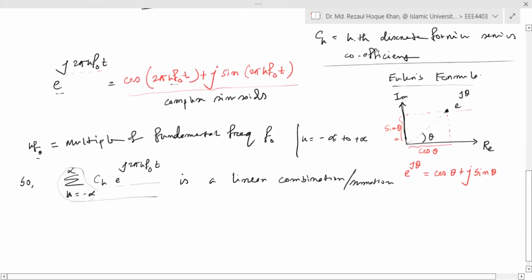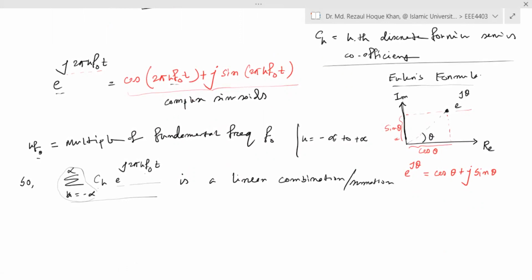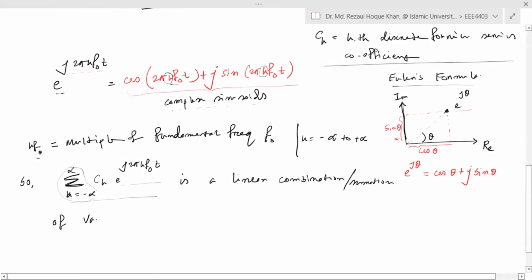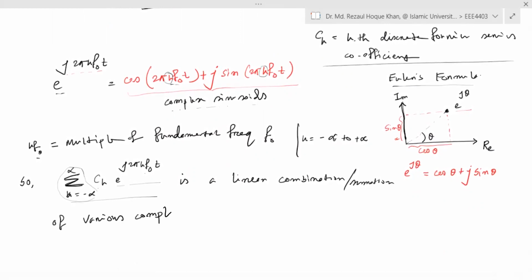If you vary k, for example from 0 to plus infinity, then k keeps changing, and each term is individually a complex sinusoid, and you have a summation here. So this is a linear combination or summation of various complex sinusoids.